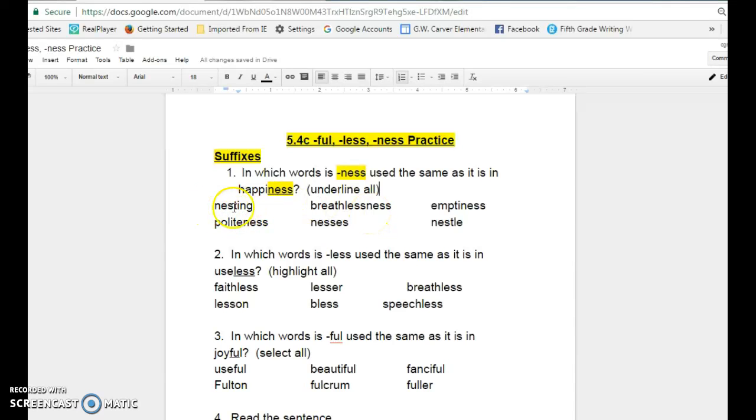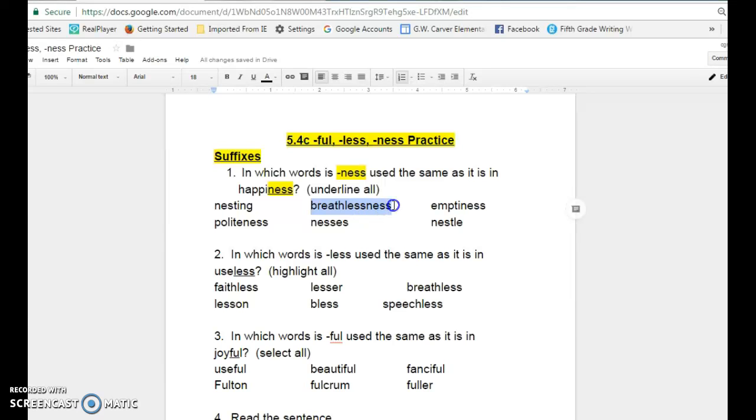Looking at this first one, nesting, okay, well, I notice it's not even a suffix there, so I would take my pen or whatever and X that out. The next one we have is breathlessness. So we need to ask ourselves, does breathlessness mean a state of being breathless? Well, yes, it does.